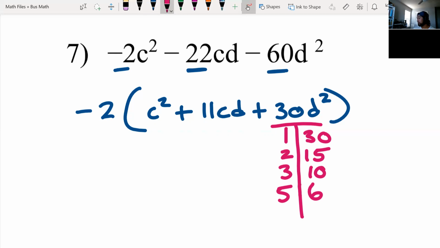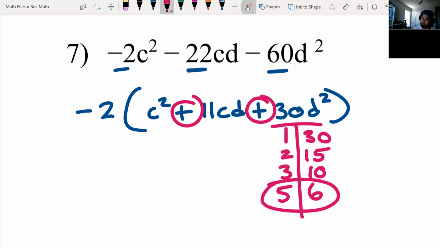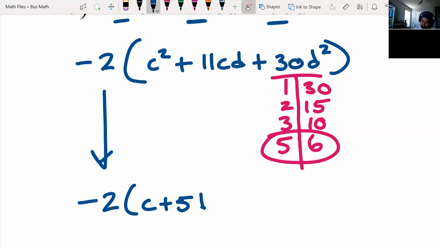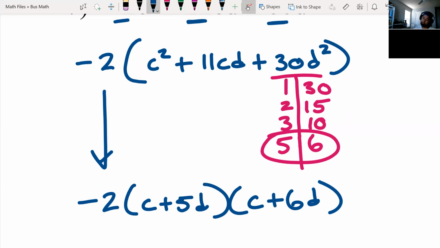So which of these factors is going to get us to 11? 5 and 6. And look at that. It's plus plus. Those are my favorite because they're the easiest, right? Don't forget that -2. He stays out there. And this means you're going to get C plus 5D times C plus 6D.